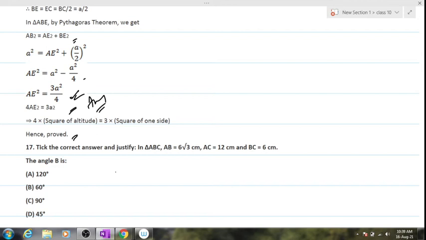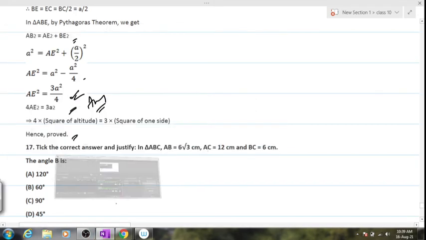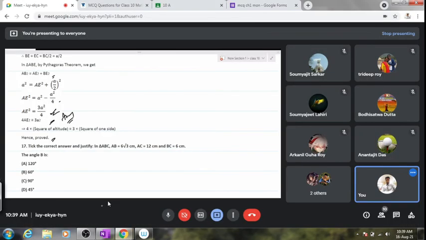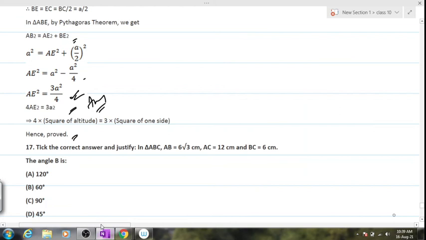Yes, just write the options. Question number 17. Chat box, which is the correct option?